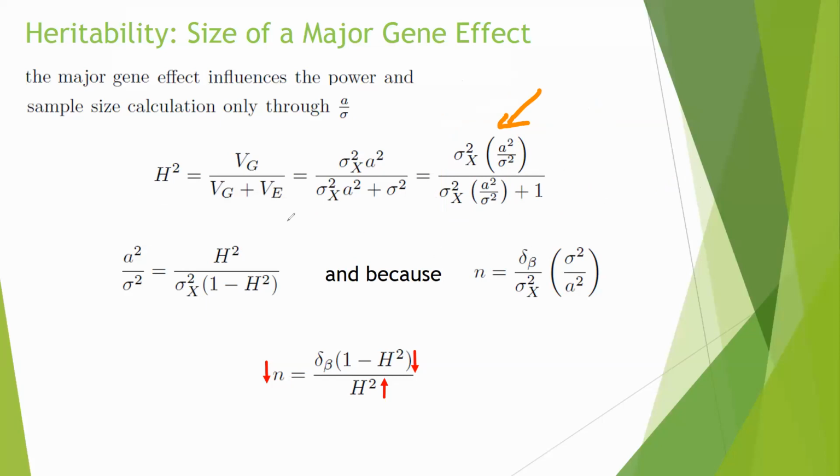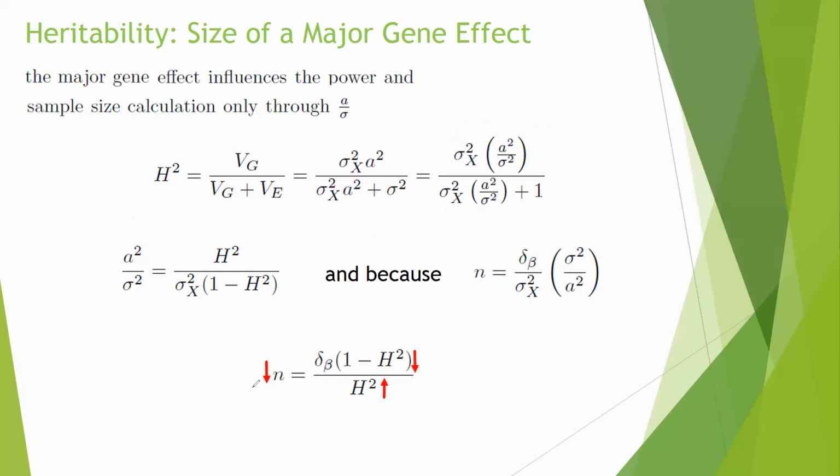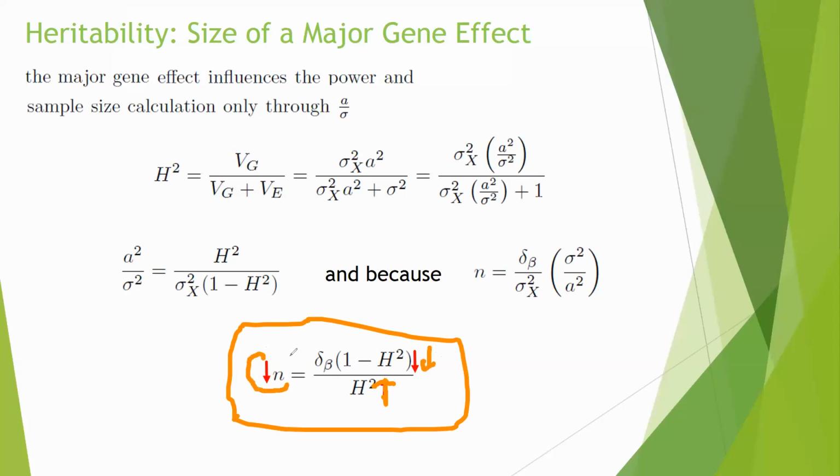And we can use this relationship to rewrite this equation. So this is the formula to calculate the required sample size for your experiment. And finally, you're going to see this, right? If you want to analyze a trait with higher heritability, which means this is larger and this will become smaller, then the required sample size becomes smaller.